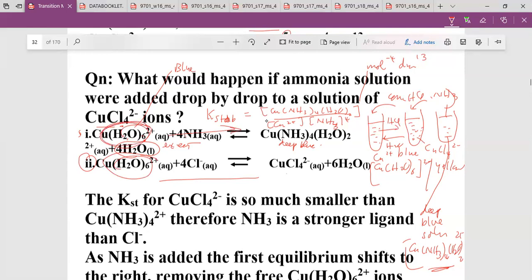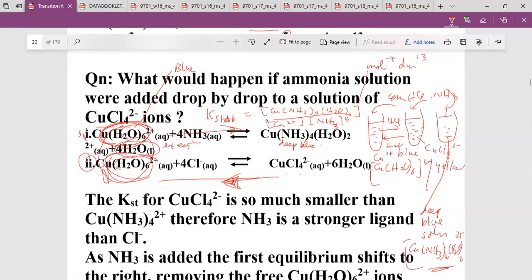So as this decreases, the equilibrium will shift backwards. The amount of CuCl4 2- will decrease, and therefore the yellow color will decrease until all of this is blue. And then the second part, your ammonia is going to give you your deep blue.